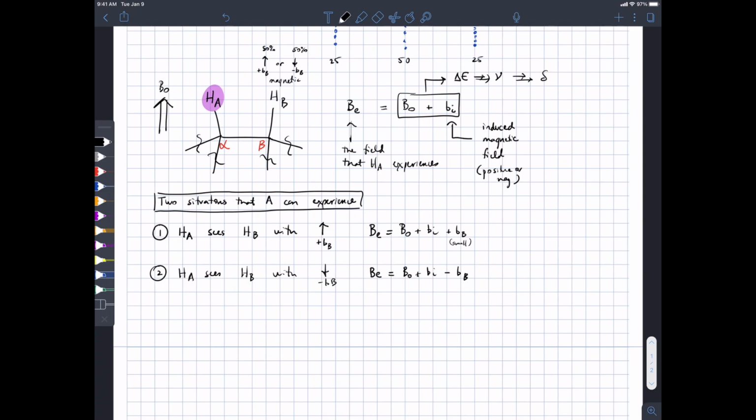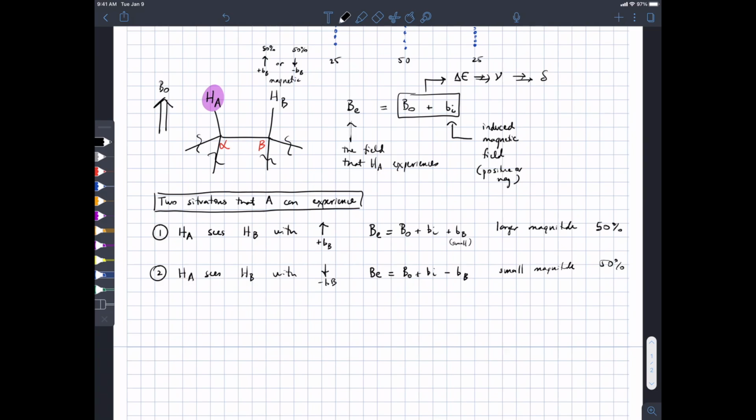So B effective from situation 1 is a bigger or stronger field, of larger magnitude, whereas the field in situation 2 is of smaller magnitude, right? Because in situation 1, the external field is reinforced by B. In situation 2, the external field is reduced by proton B. Two different situations, and probability is equal, 50-50.